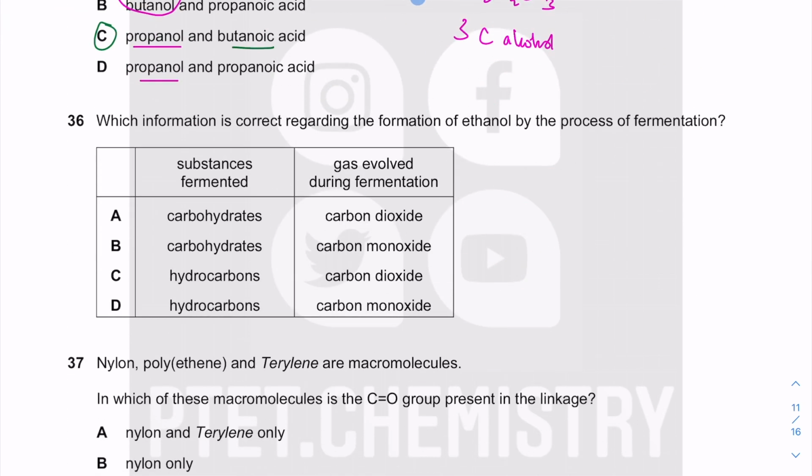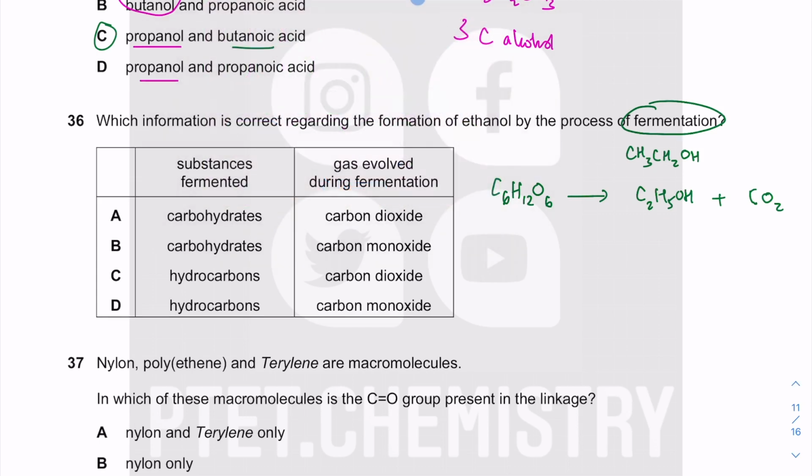So question 36, you have fermentation. You start out from glucose, or what you call sugar, C6H12O6, and then it goes to C2H5OH, which is basically the formula for ethanol. You can also write CH3CH2OH if you want to, and it will give you CO2. So we need to balance the equation.